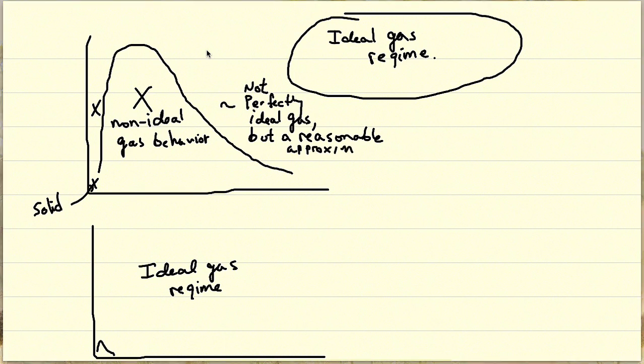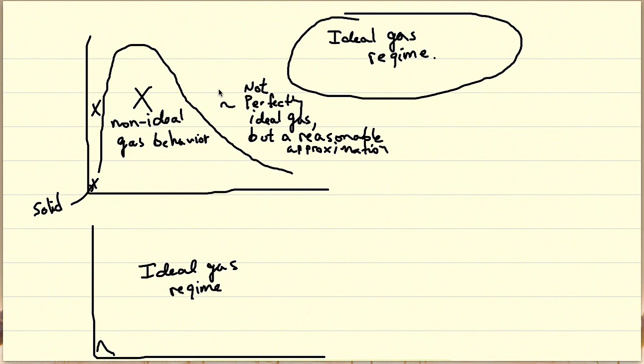So you could actually apply ideal gas laws to this region of a substance. It's not going to be exact. It's not going to be perfectly correct, but it's still a reasonable approximation.